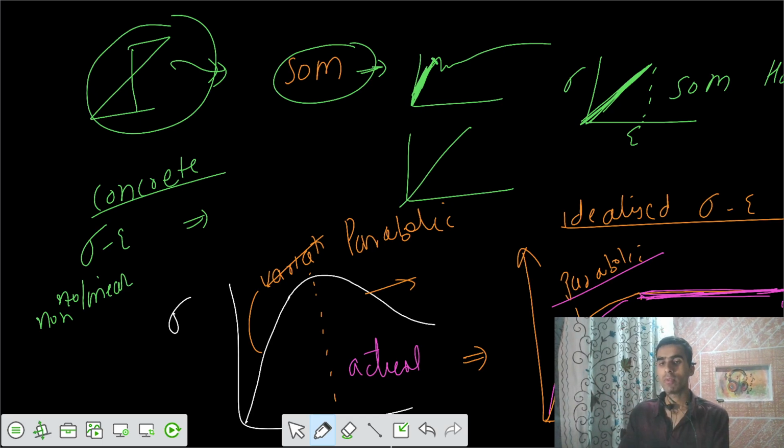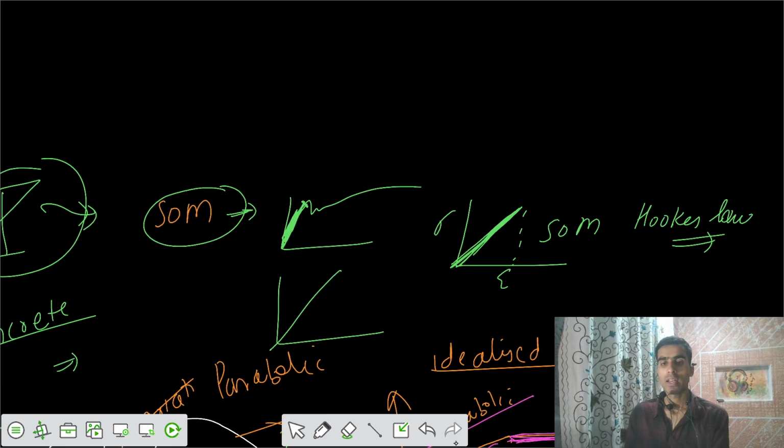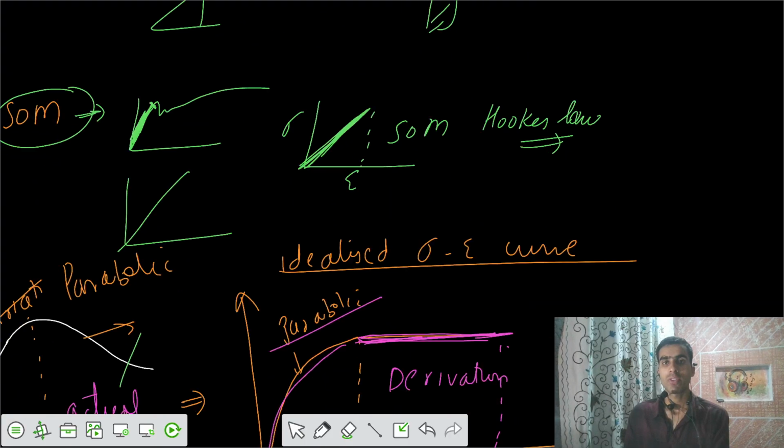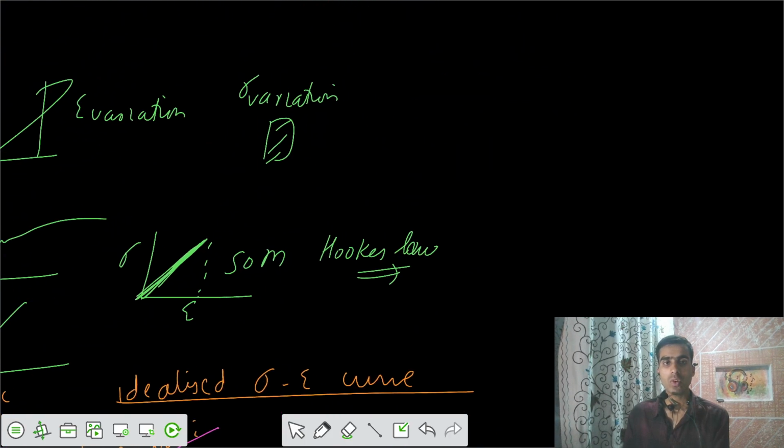Once we got that strain diagram, this was your strain variation, we need to get the stress variation. What should be the stress variation along the depth of the section? One of the assumptions is that below the neutral axis we are going to ignore the concrete strength.